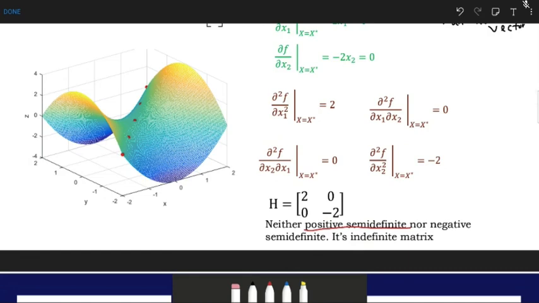I'm just googling that. A symmetric real matrix which is neither positive semi-definite nor negative semi-definite is called indefinite.